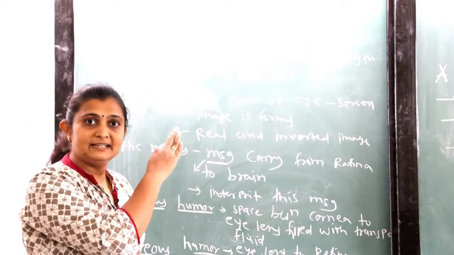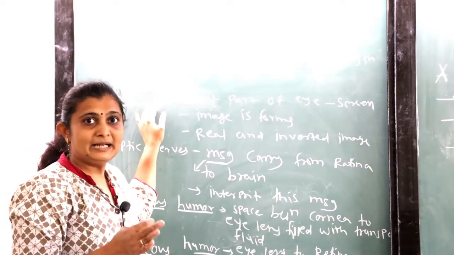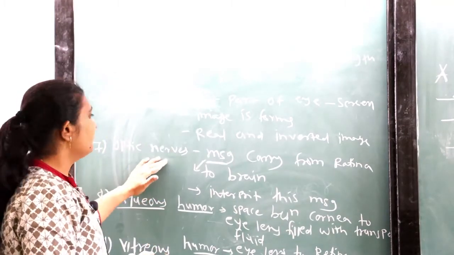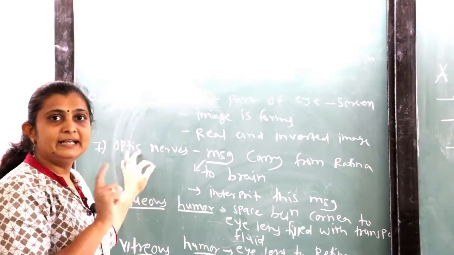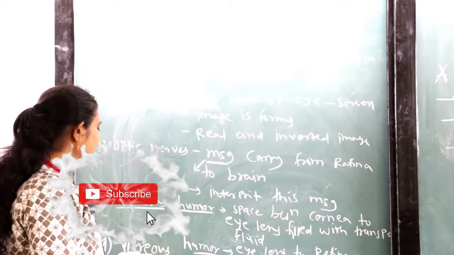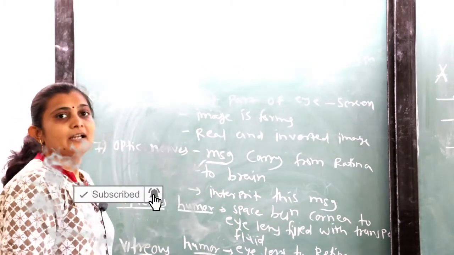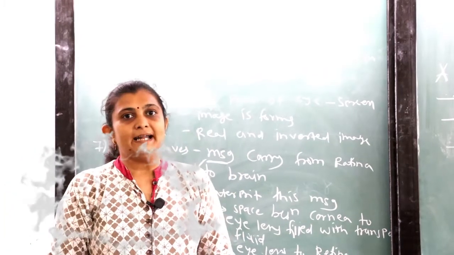Focal length we will see in chapter number 10. Retina is where the image is formed. Optic nerves carry messages from the retina to the brain and the brain interprets it. And these two types of liquids are aqueous humor and vitreous humor. In the next video, we will see about accommodation of the eye. Thank you.